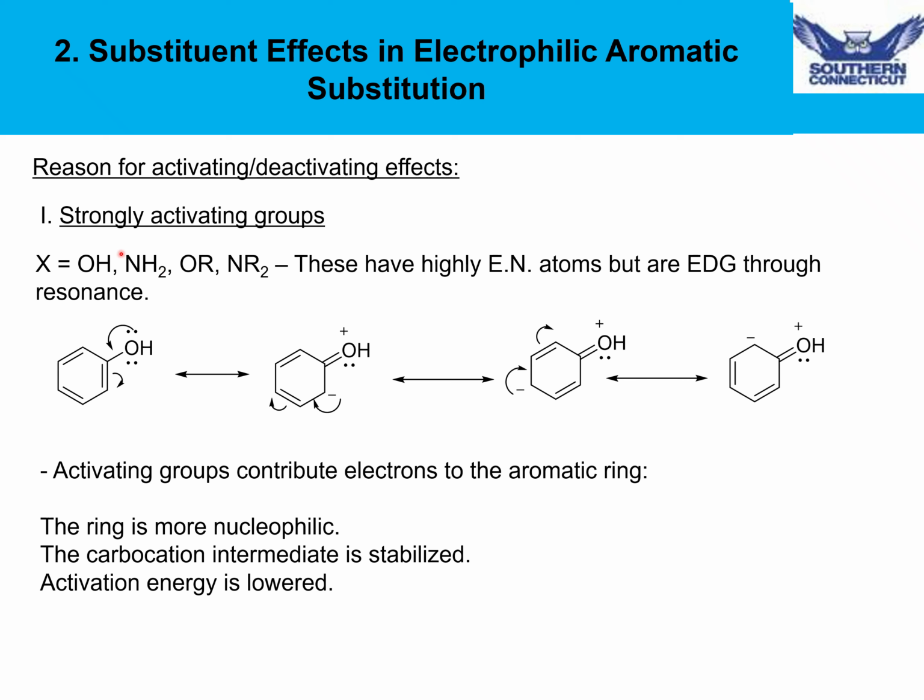For example, phenols, amino groups, ethers, and other substituted amino groups. Although these have highly electronegative atoms, which you would think would make the ring less electron rich by withdrawing electron density, they're actually considered electron donating through resonance.